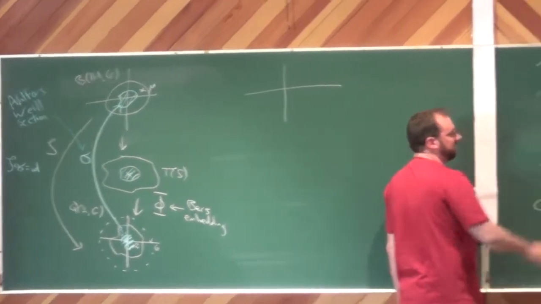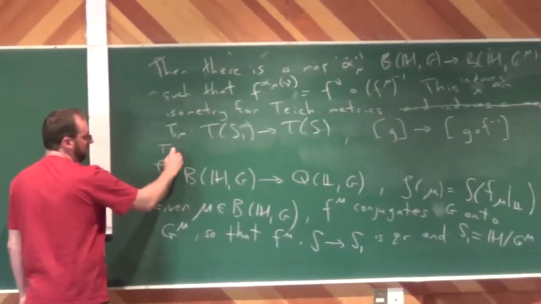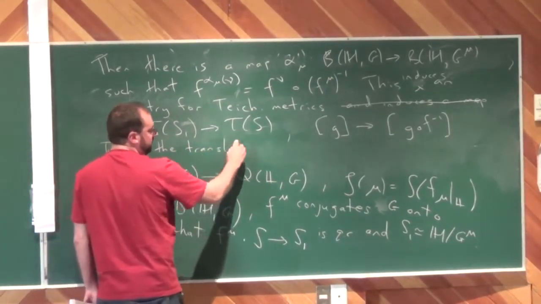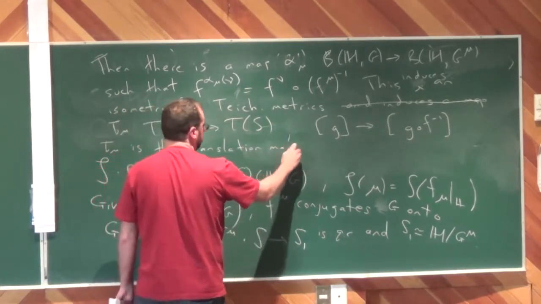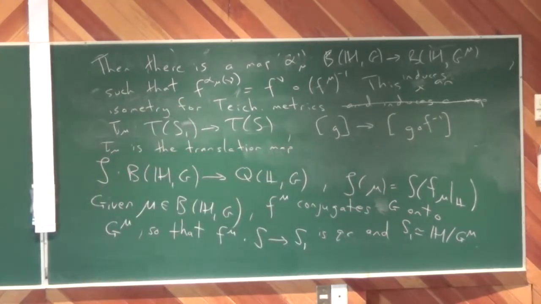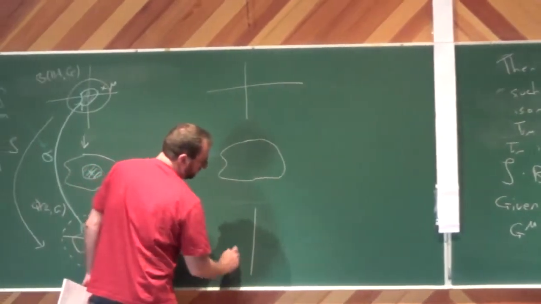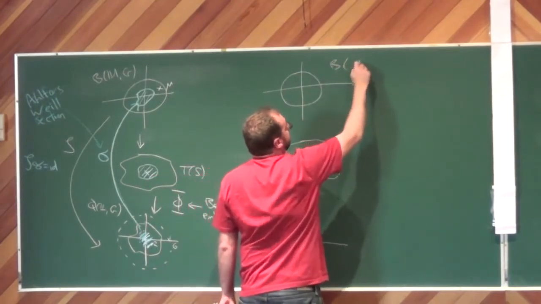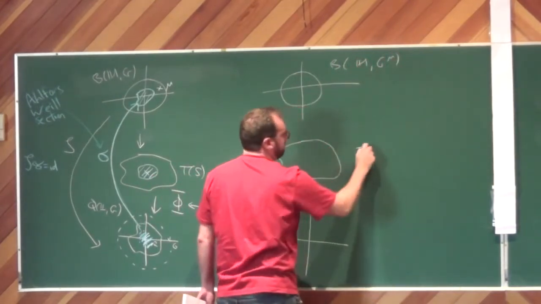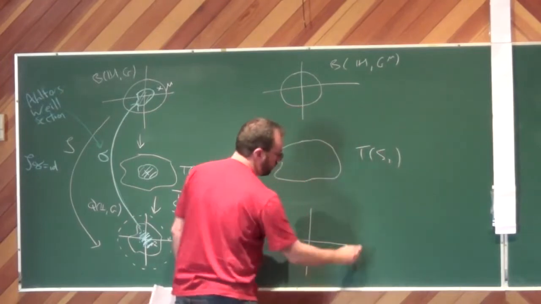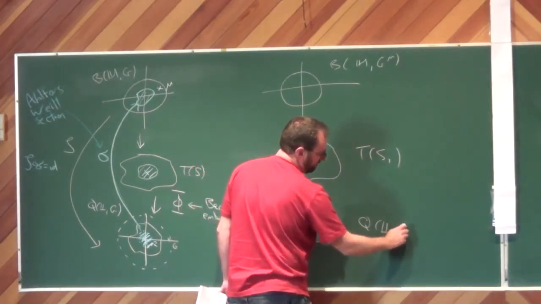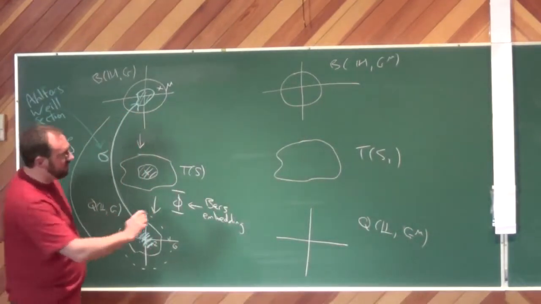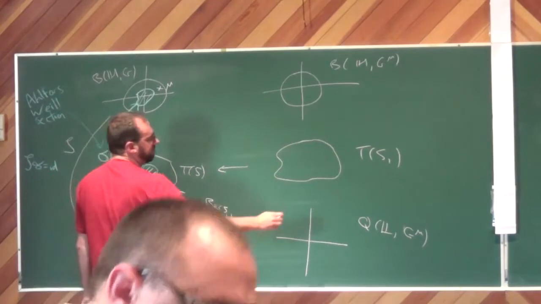In fact, tau mu is called the translation map. So we have tau mu going that direction.